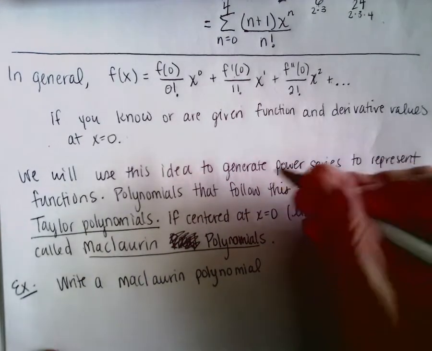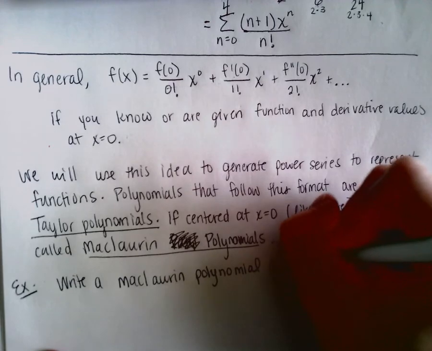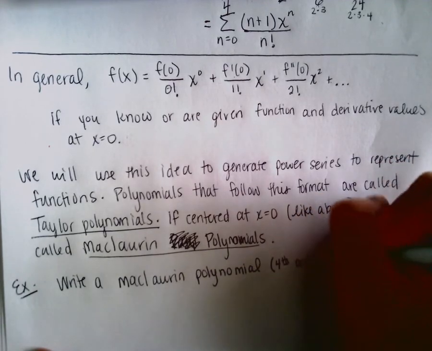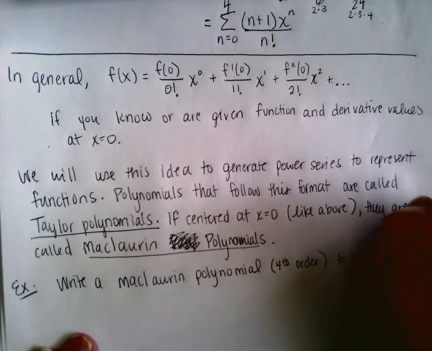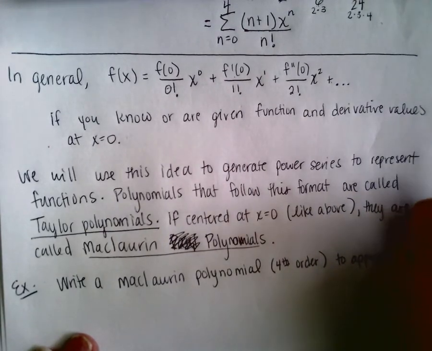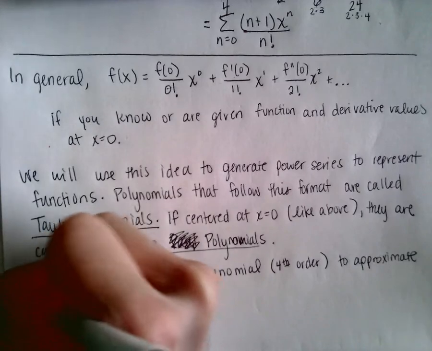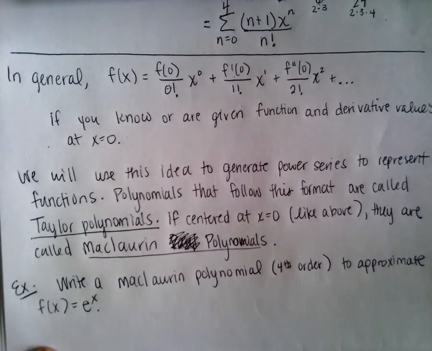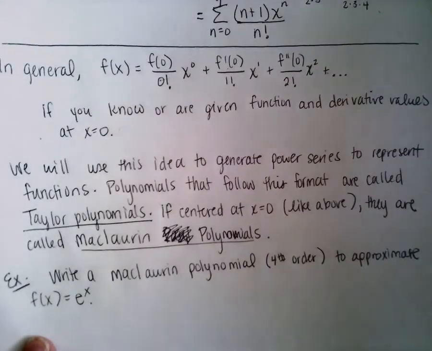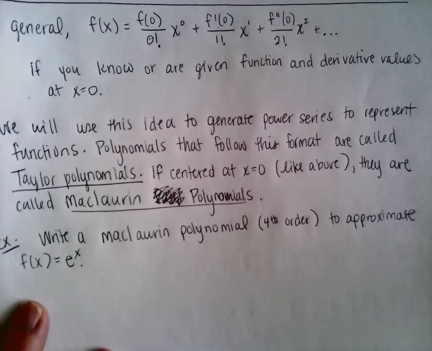I'm going to say do a 4th order, meaning we're going to go up to the 4th derivative to approximate f of x equals e to the x. So this is our first one we're going to look at, e to the x. A common function that we see a lot.